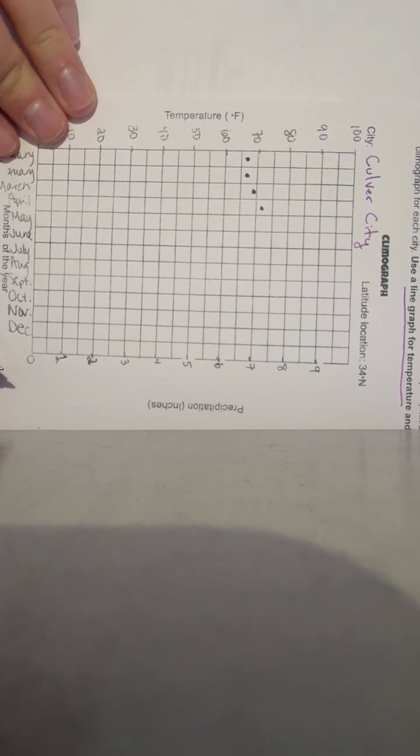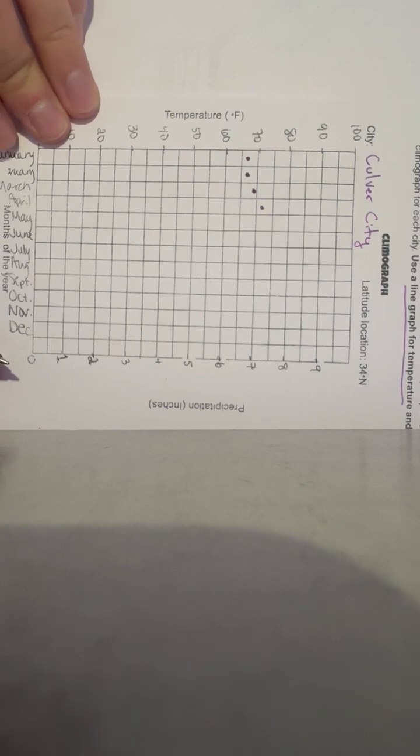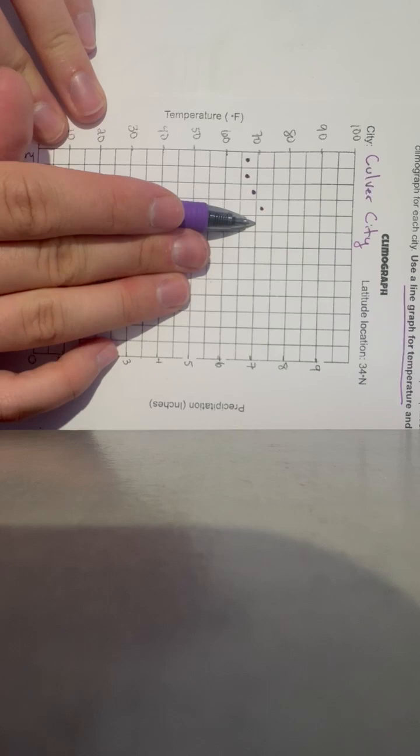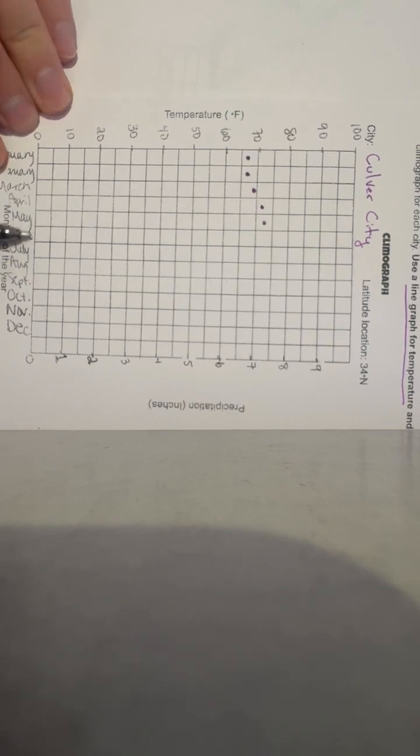Next is, what's after April? May. Ina. 73. So I go May, find 70, up to 73. I make a dot right about there. June. Teddy. 76.